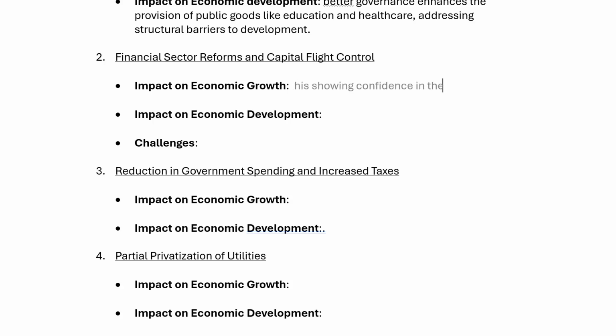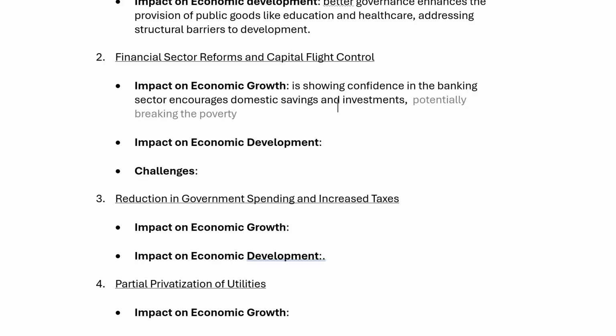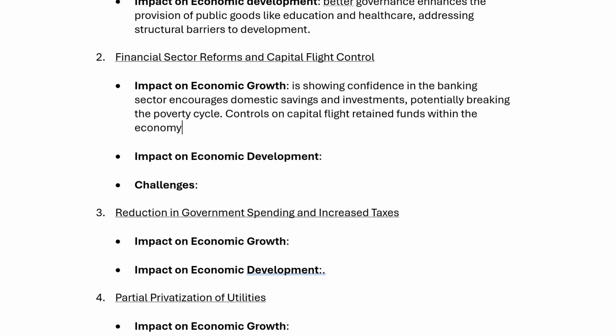Restoring confidence in the banking sector encourages domestic savings and investments, potentially breaking the poverty cycle. Controls on capital flight retain funds within the economy, supporting investment and consumption.